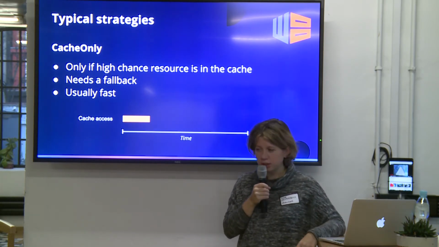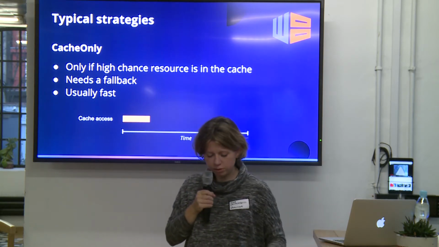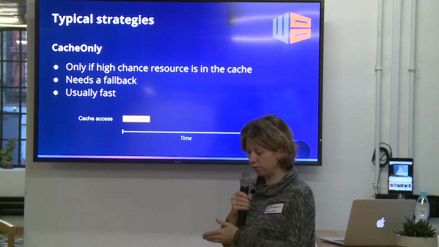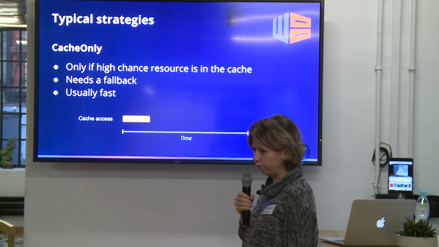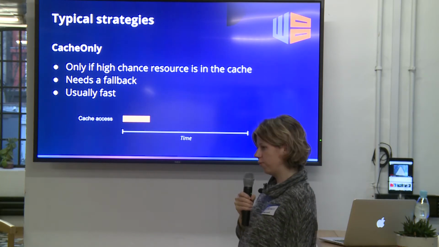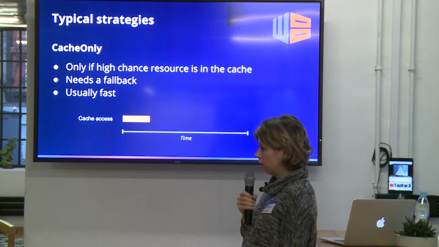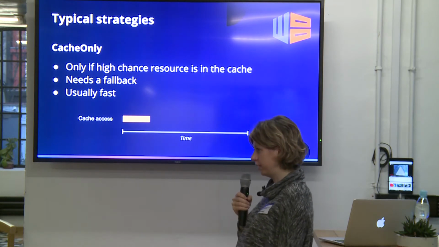In cache-only strategy, this is when you receive a request from the page, you check in the cache, and if it's there, you return, and if not, you fail the request. So this means you need to really have a high confidence that the resource will be in the cache, and if it's not there, you need a fallback. For example, an image for a banner, you serve always from cache, and if not, you have a background color in the CSS, right?